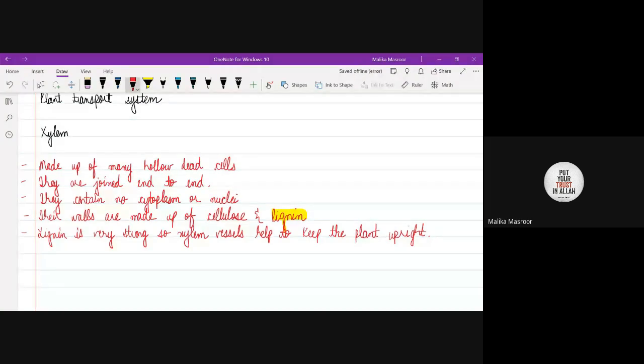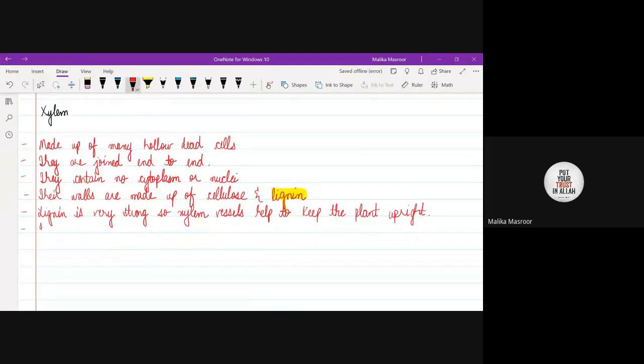Your xylem has two functions: support and transport. So how is support done?